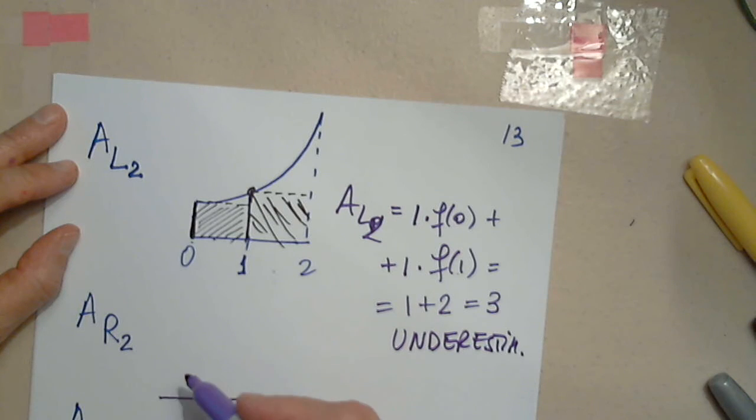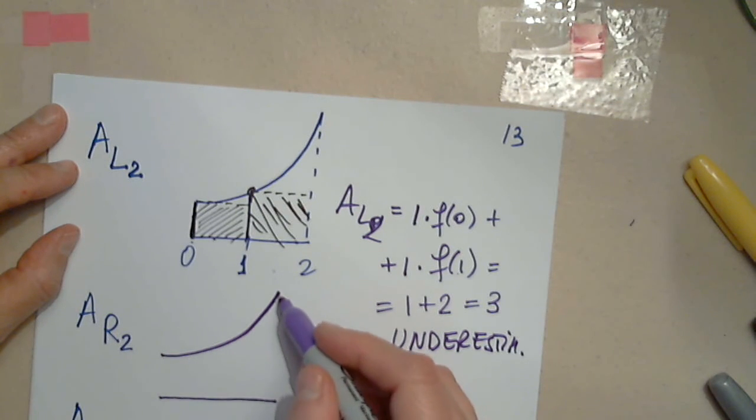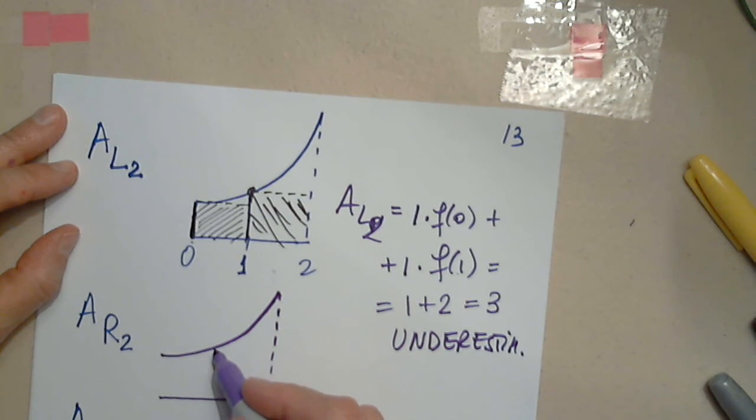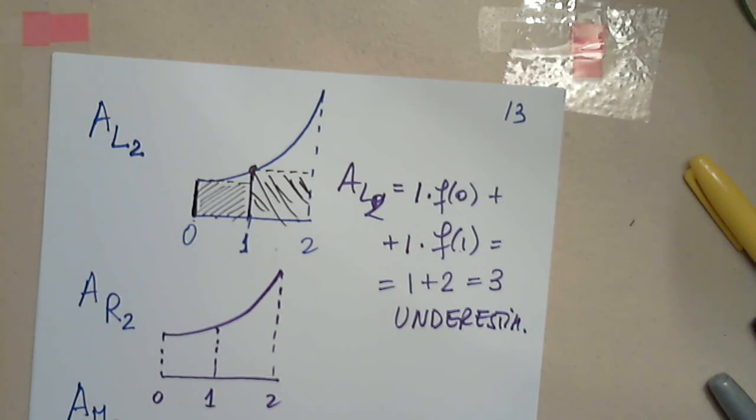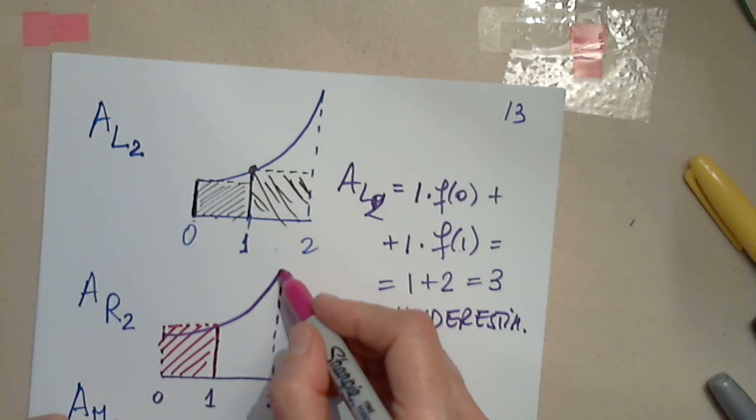Same interval, same function, 0, 1, and 2. Now I'm estimating using the rightmost point. So this rectangle has this height now. This rectangle has the rightmost point height now.